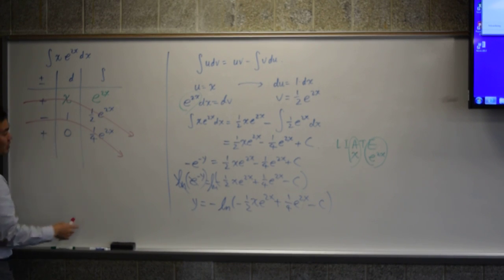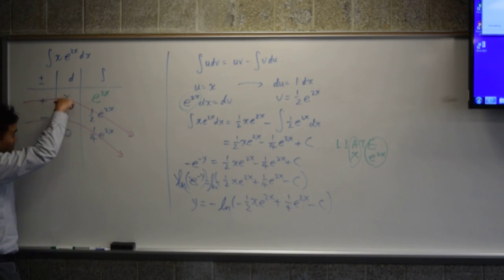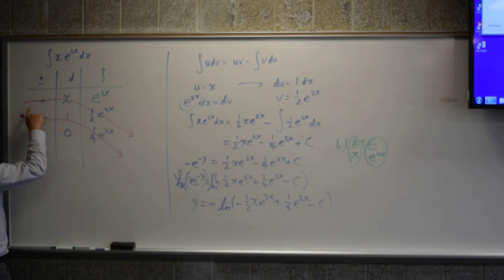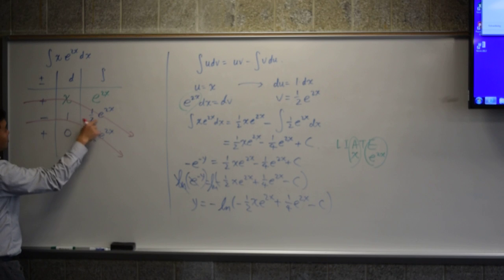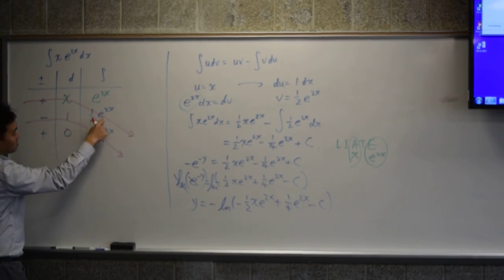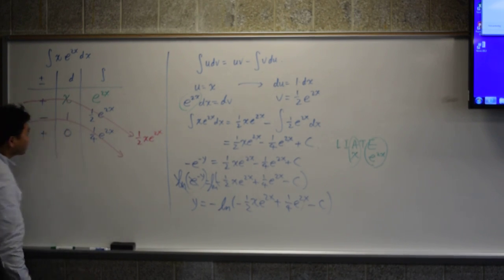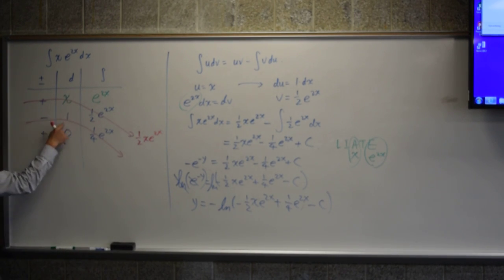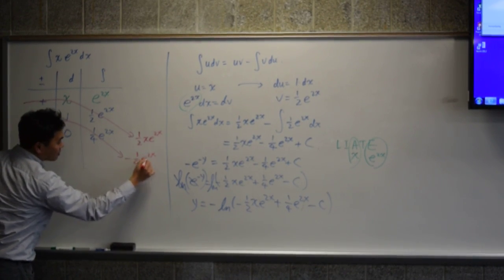If it can't go down, you don't shoot anymore. Whenever you shoot, the missile should always go in this direction, in this form. And what you do is multiply everything. So it's positive x times 1/2 e to the 2x, so it's 1/2 x e to the 2x. This one, negative times 1 times 1/4 e to the 2x, so it's negative 1/4 e to the 2x.